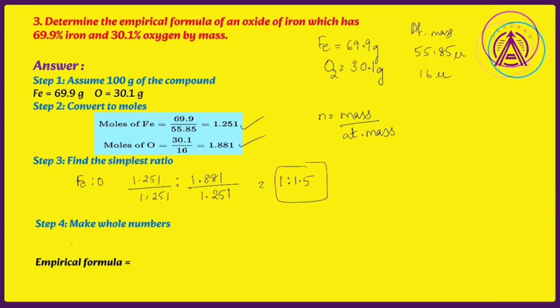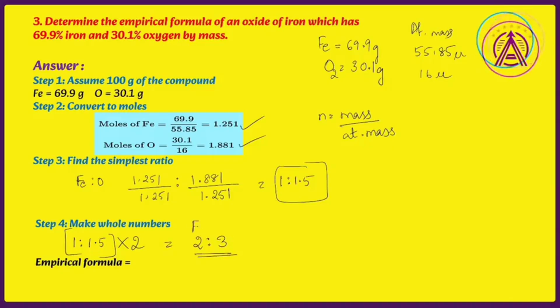So I multiply by 2. 1 into 2 is 2, 1.5 into 2 is 3. So the ratio of iron to oxygen in this compound is 2 is to 3. What does that mean? We have 2 atoms of iron and 3 atoms of oxygen. So our empirical formula is nothing but Fe2O3.